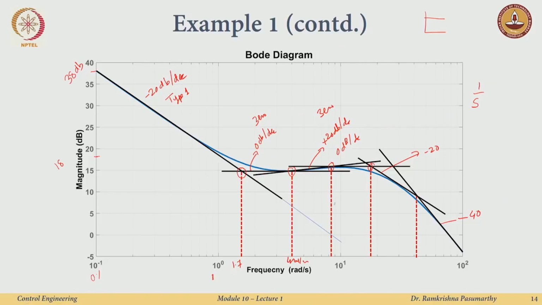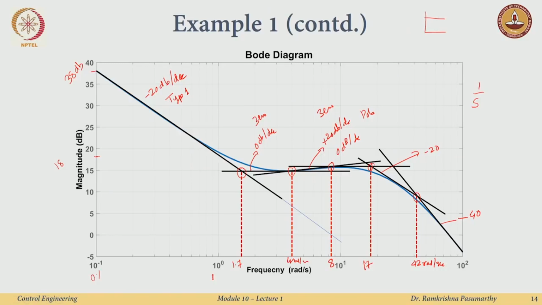At this frequency, which is roughly about 8, the slope decreases from 20 to 0, so I have a pole. Again at this frequency, which is roughly about 17, again there is a pole, and so on, until the slope decreases from 0 to minus 20, minus 20 to minus 40 here. So also here there is a pole at a frequency of about 42 radians per second.